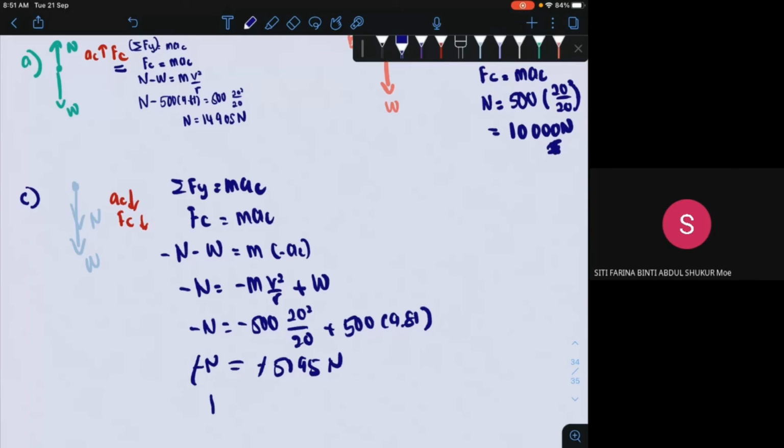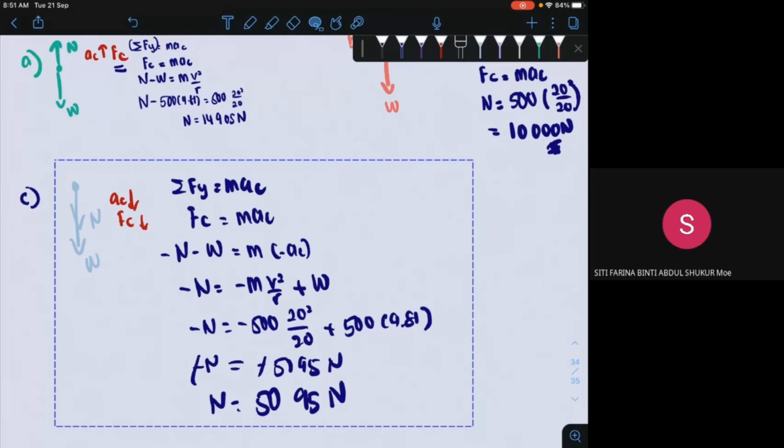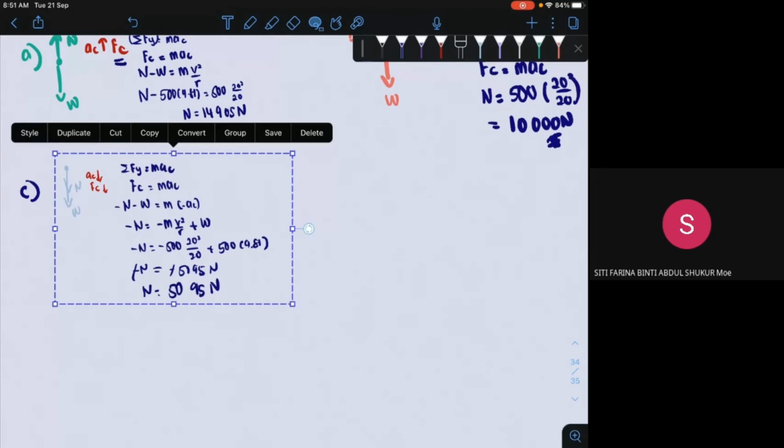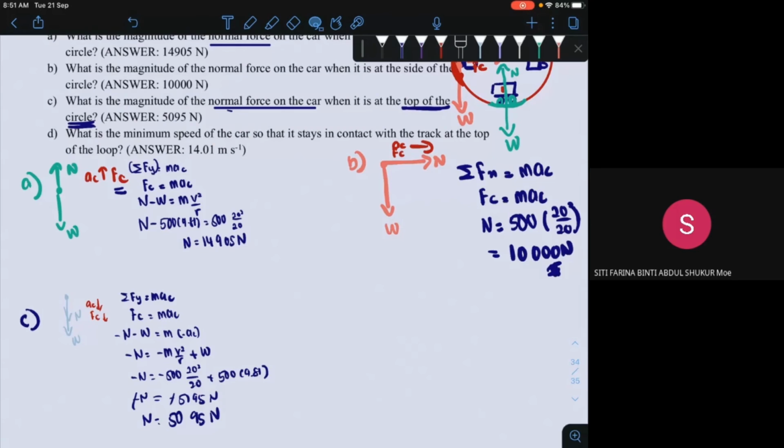So your normal force here is 5095. Pastikan awak tahu bentuk kamu punya pergerakan objek itu so that you can identify the forces and the direction of the forces so that you can get your answer here.